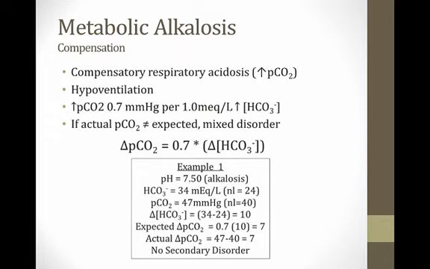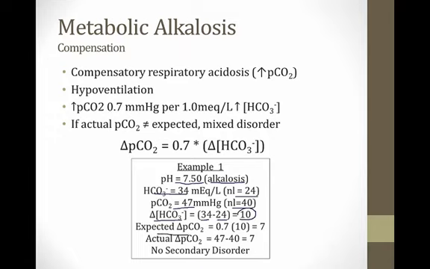Suppose the pH is 7.5. That would give us an alkalosis. The bicarb is 34, which is increased because normal is 24, so this is a metabolic alkalosis. The PCO2 is also increased at 47. It's higher than normal at 40. So we're going to try to determine if this compensation is appropriate. The change in bicarb is the patient's bicarb of 34 minus a normal bicarb of 24, and that's 10.